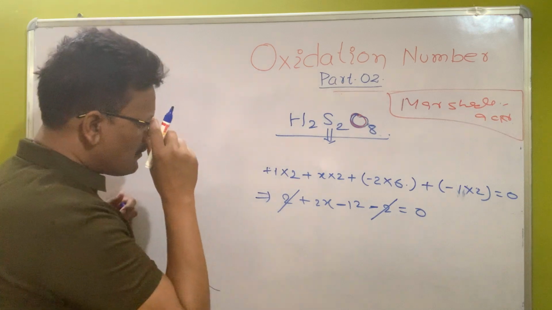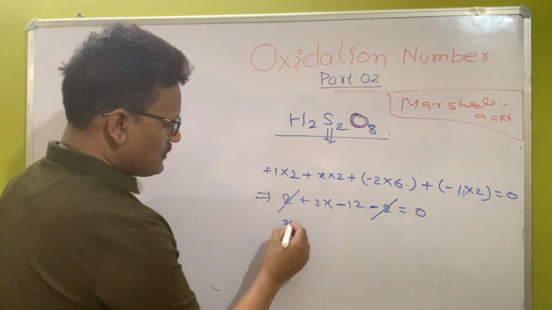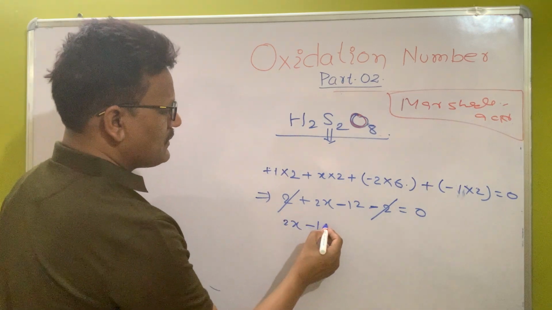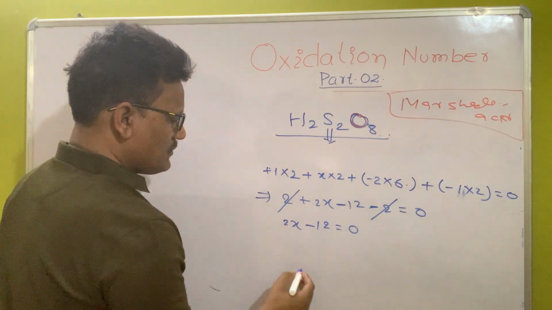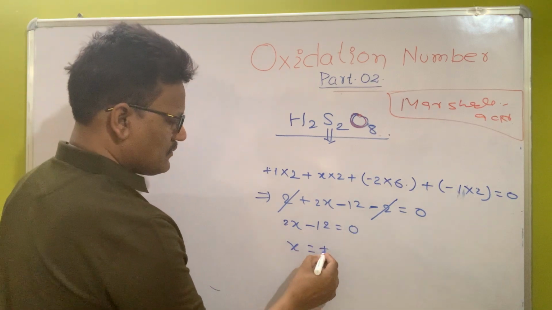After solving we have 2x minus 12 equals 0. So x is +6.